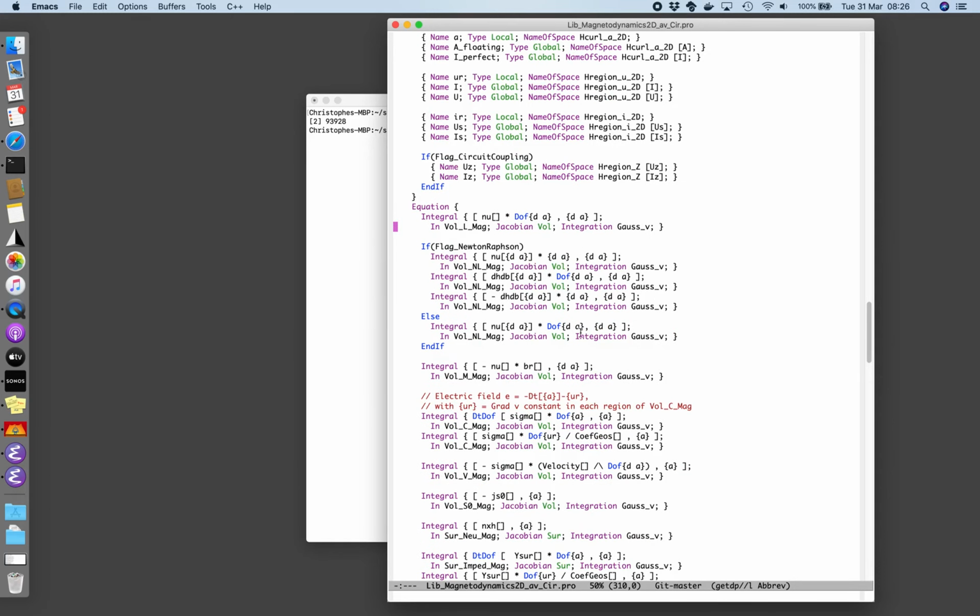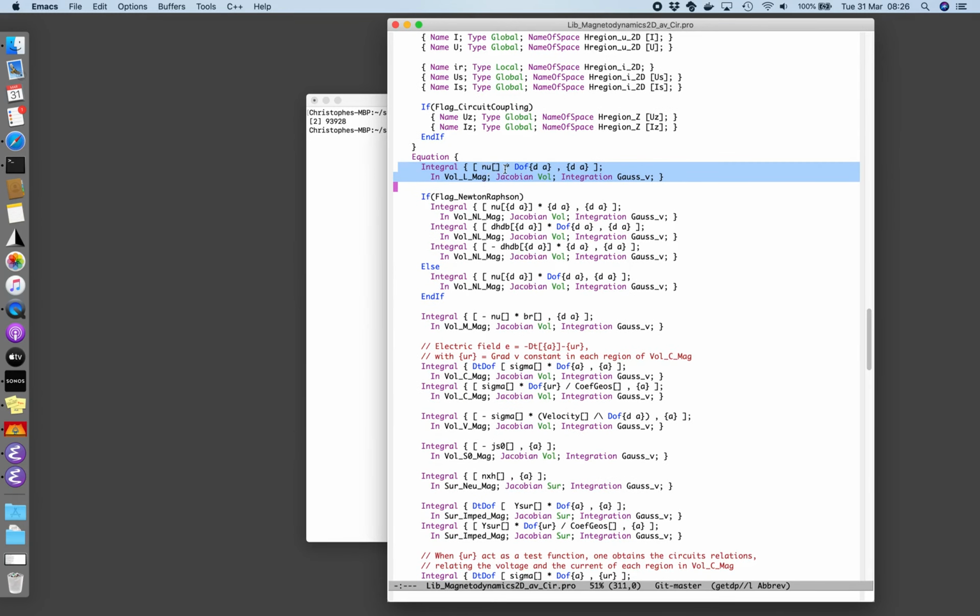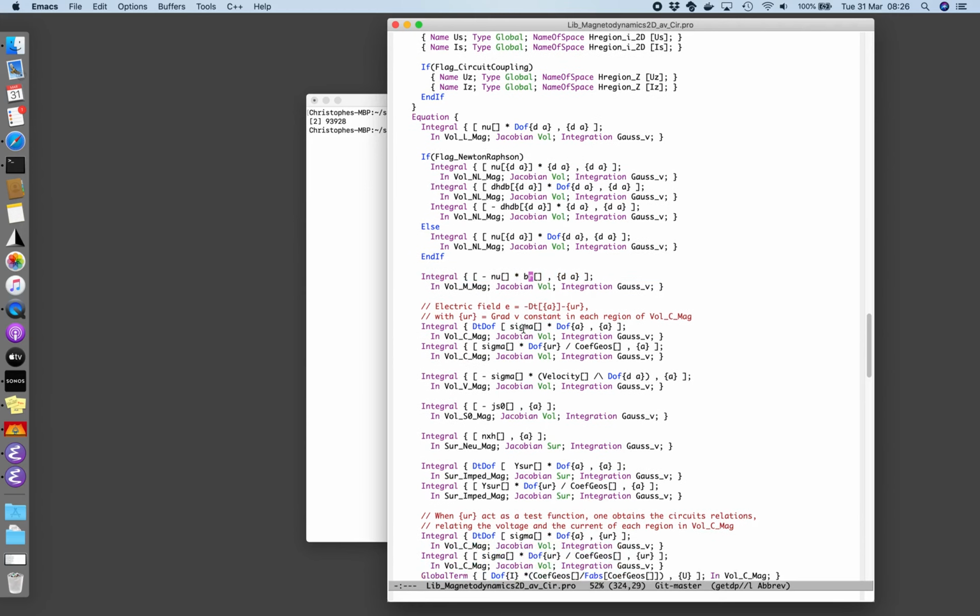In the lecture last week, we made sure that everything in here, if you remember, you have all these terms. The term here with the reluctivity times the curl of the vector potential, dotted with the curl of the test function. Then we have the term here with the remnant magnetic flux density in magnets.